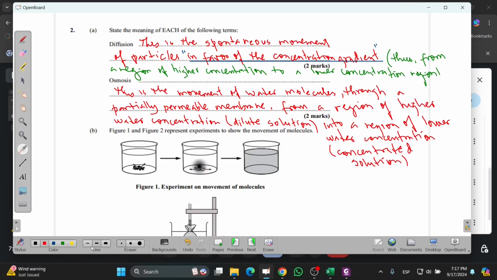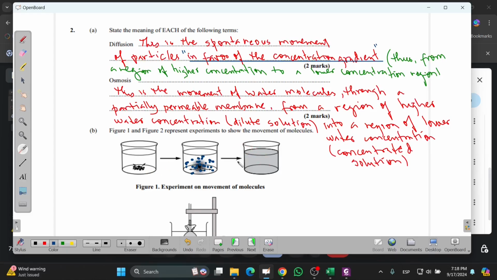Eventually we see that the particles are moving here, guys. Look, from this region of higher concentration at the bottom, you see the particles will be scattering about, and eventually the whole water would have turned, right, into a homogeneous color, right?